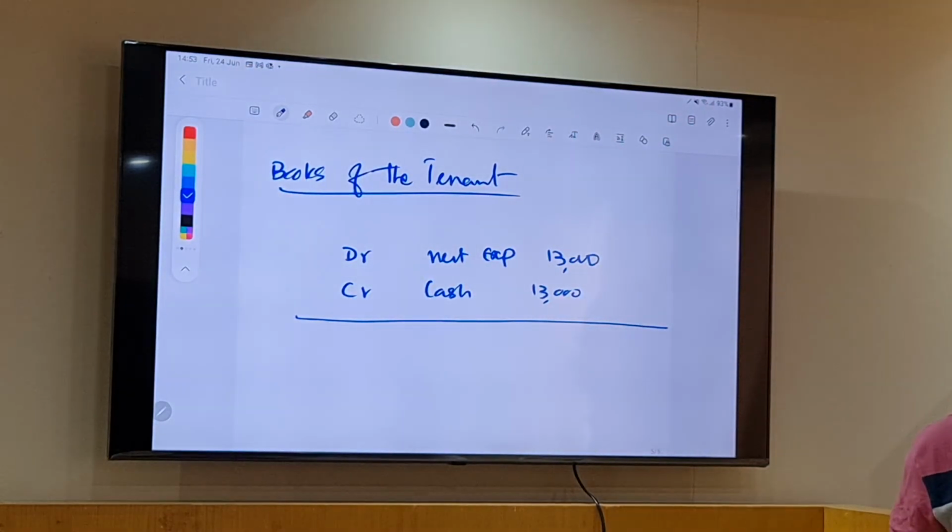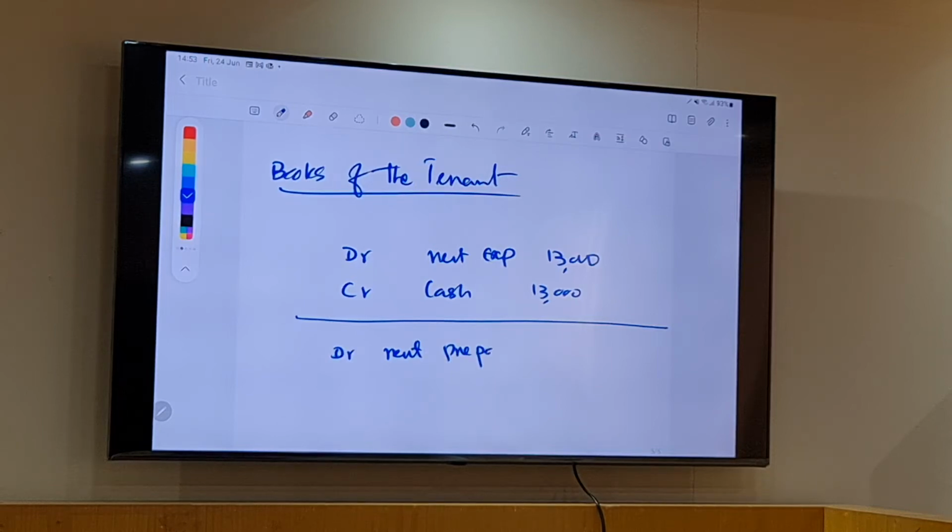Can the landlord enjoy the 1,000? No. Who has the right to that money? Still me. So what should I do? Debit rent prepaid 1,000 and credit rent expense 1,000.